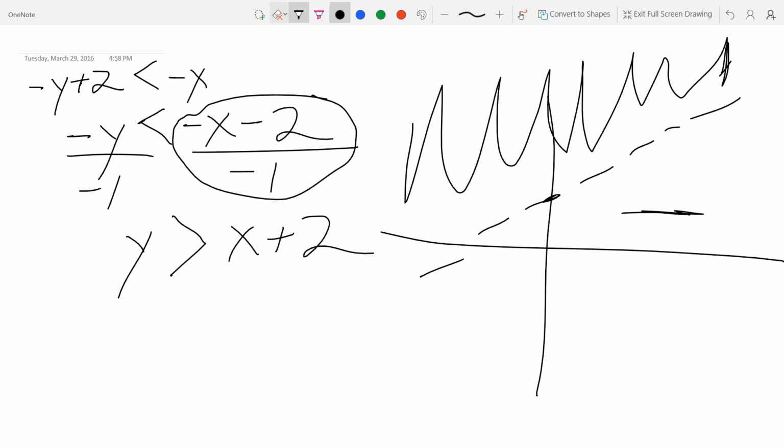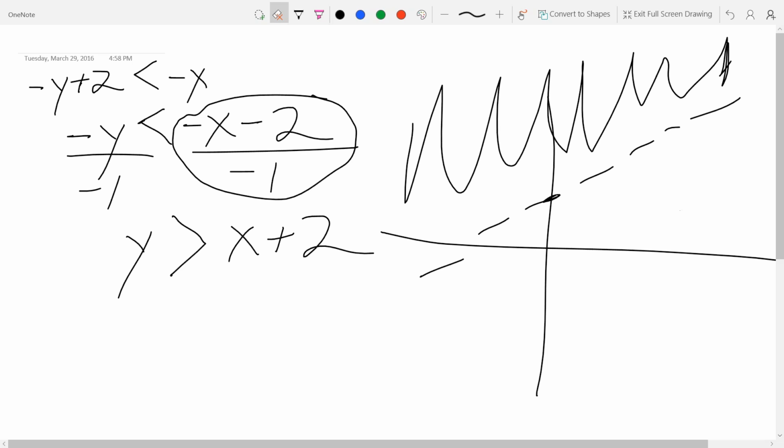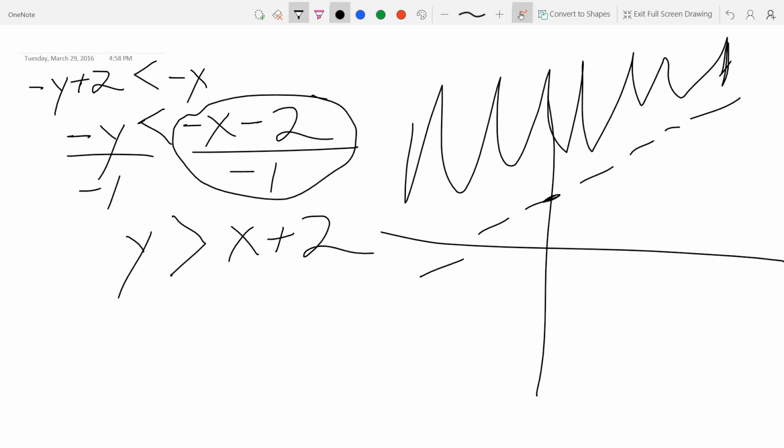And so what I'd like to see is that you not say right or left ever. It's always up or down, because that's what it is. Y is almost always on the left, so we're only considering the y-axis. And since it's greater than, we merely have to find a point on the y-axis that's above that line, and that tells us which side to shade.